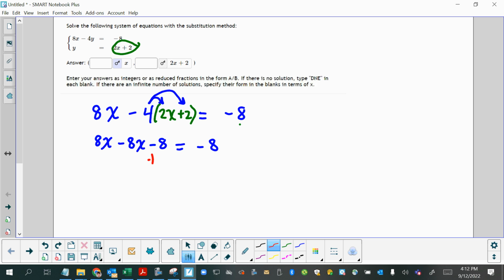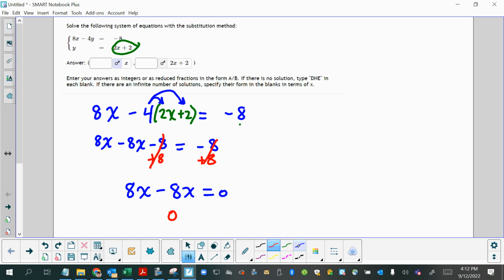As you can see, if I add 8 to both sides, then both of those negative 8s cancel to 0. And then I have 8x minus 8x, which is 0, right?